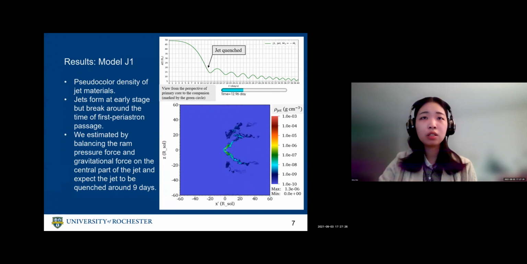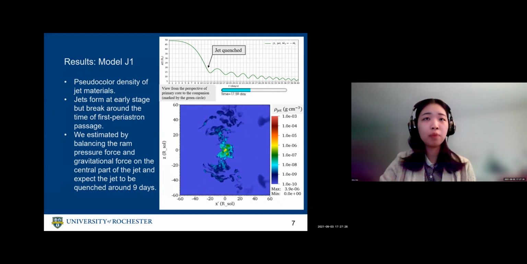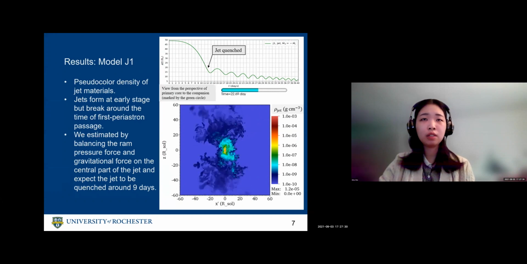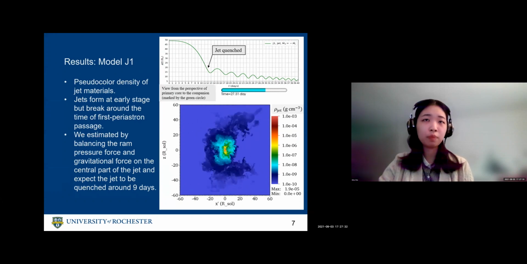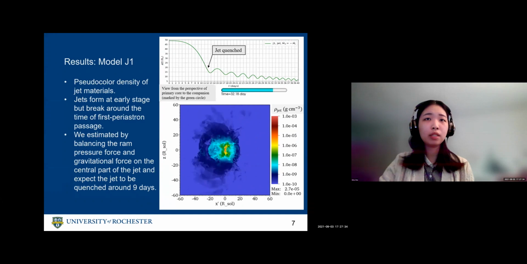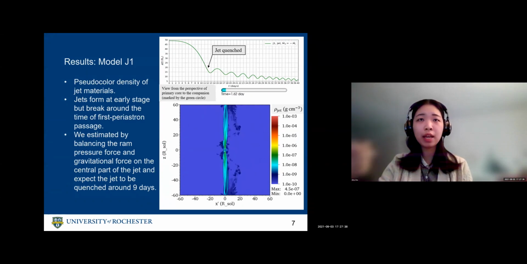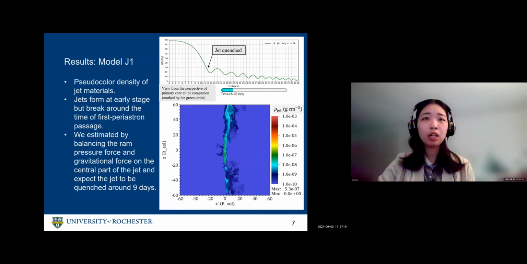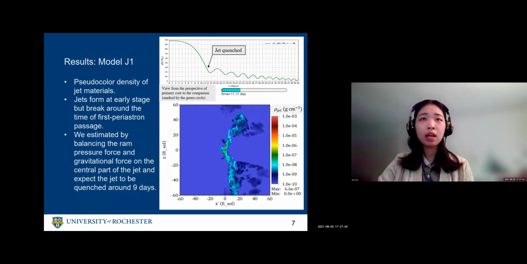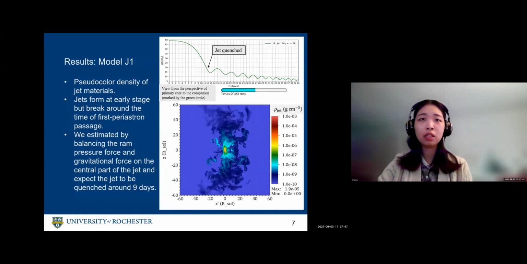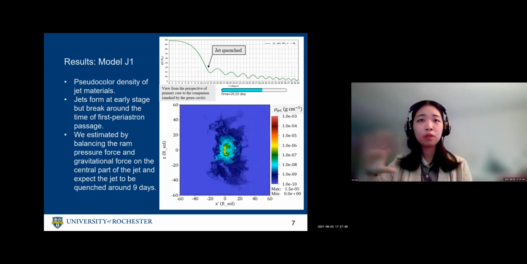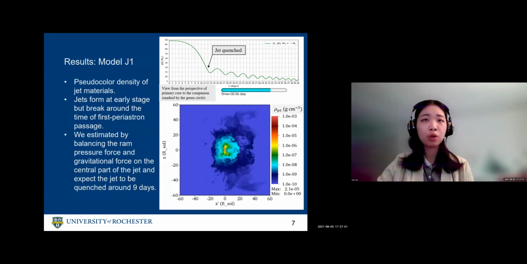The small green circle in the middle of this figure represents the softening radius of the companion particle. You can see at the beginning of the simulation the jet launches in a bipolar shape. Before the first periastron passage, around day 11 or 12, the jet gets deformed, bent, and eventually quenched.